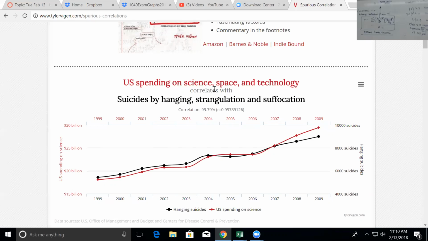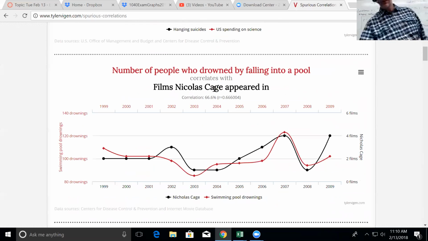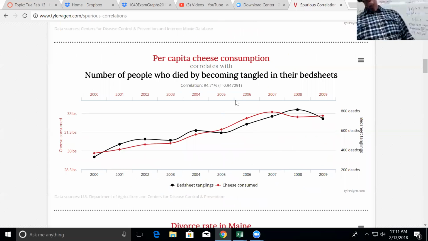Okay. Do you think, it looks like those are correlated, right? How about this one? The number of people who drowned by falling into a pool and films that Nicolas Cage appeared in, right? Doesn't that make you want to fall in a pool and drown? Isn't Nicolas Cage films obviously cause you want to drown, right? How about this one?